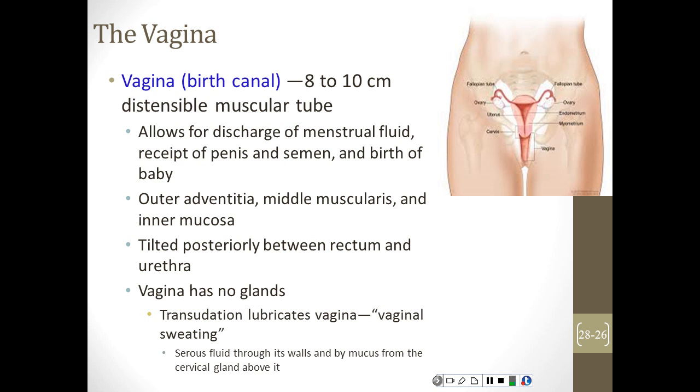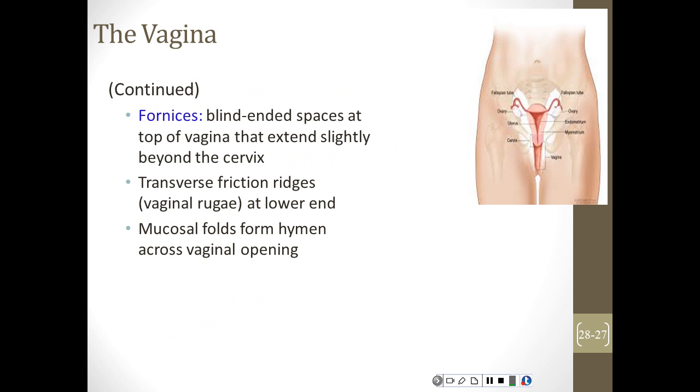Now it has no glands, but is lubricated by the transudation of serous fluids through its walls and the mucus from the cervical glands. Now the vagina extends slightly behind the cervix and forms blind-ended spaces called fornices.